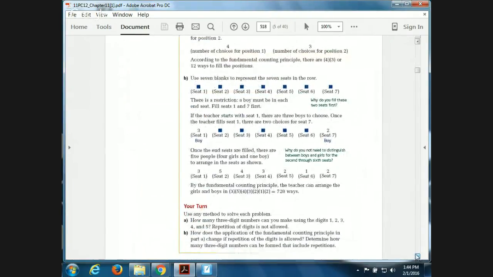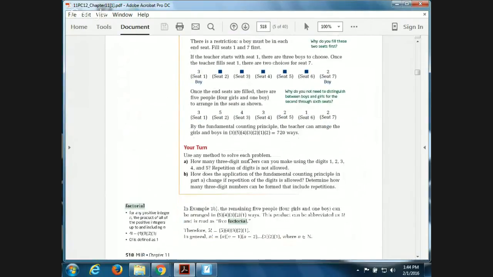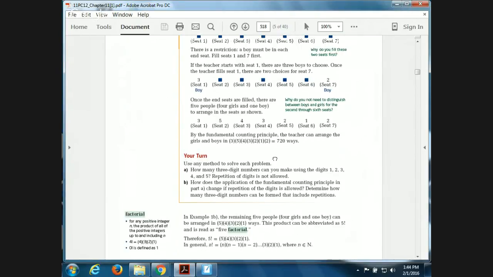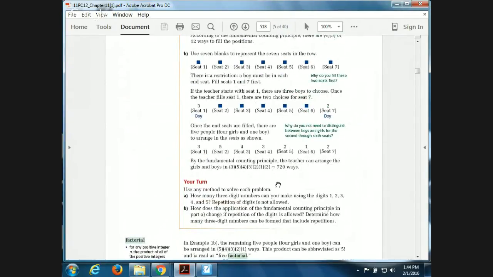Right after example 1, there's your turn 1, I'm calling it. It's at the bottom of the page. This is what we're going to do. So take the time to jot this down, and there's a parallel question worked above in more detail that you can go through on your own time.